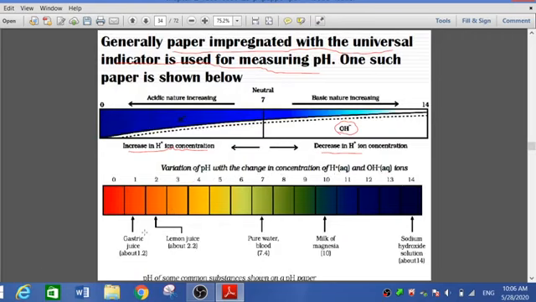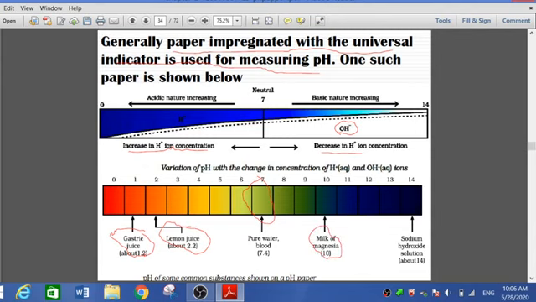In our body, gastric juice has a pH between 1 and 2. Lemon juice pH is 2.2. Pure water is always neutral. The pH of blood is 7.4. Milk of magnesia, which we call an antacid, has pH 10.